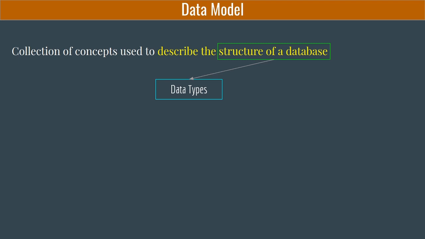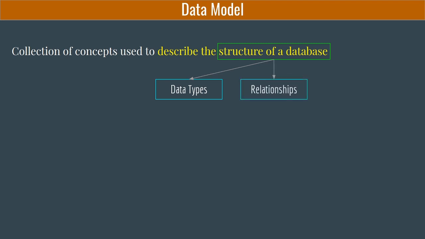First one was student, second one was course, and third one was section. Each of these files has different data items. For example, student has student number, name, and program, and each of them has a data type. So the structure of a database should include the data types of different data items.